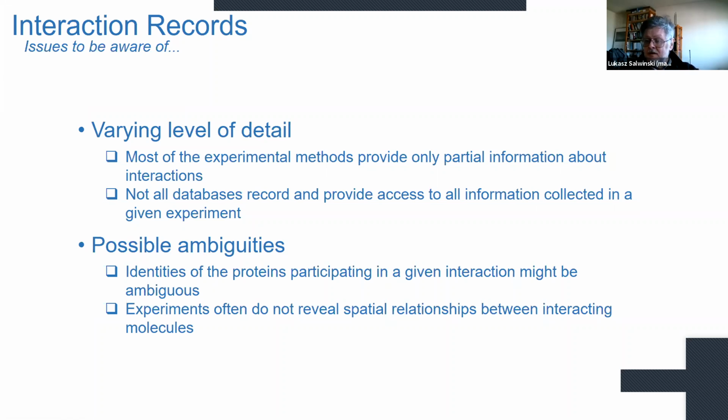It's not a problem with the records themselves. Databases are able to provide very detailed information, but in some cases, experiments are not providing that. So databases are providing only what came out of the experiment. Those are the things to be aware of.